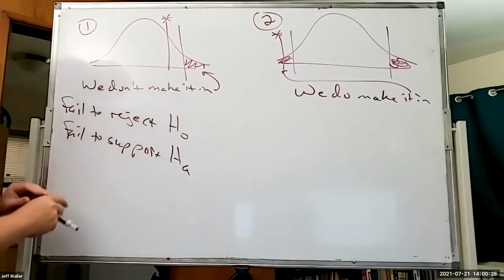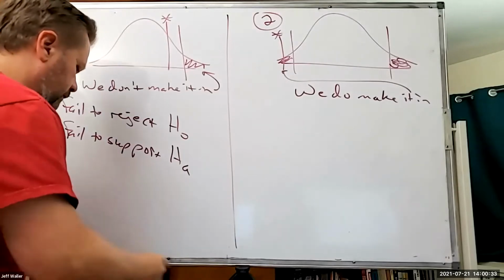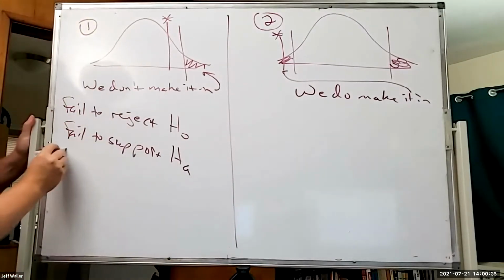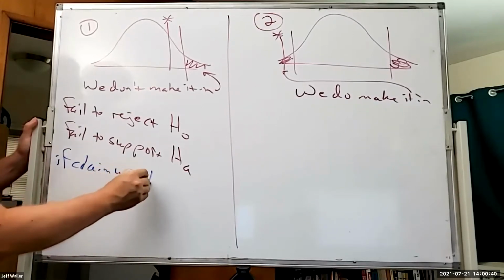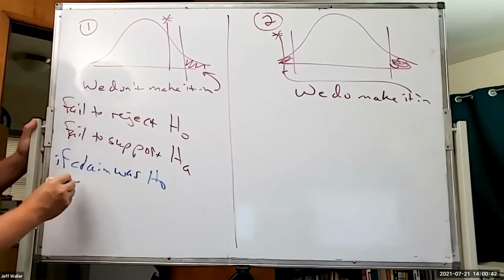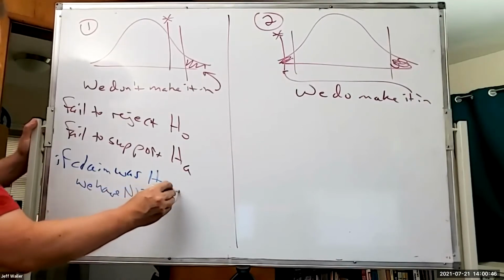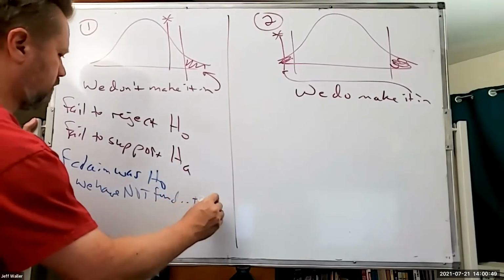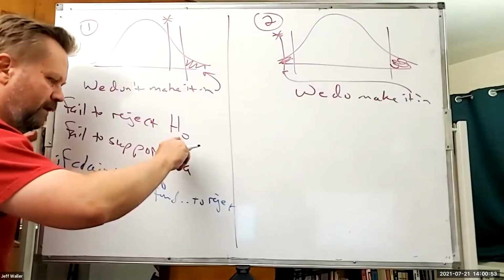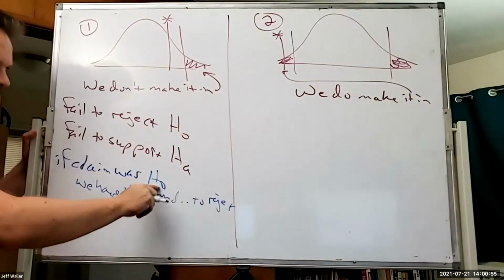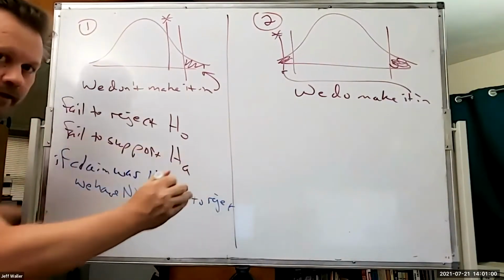If the claim was H0, then we would say we have not found sufficient evidence to reject, because that's the word that goes with H0. If the claim was H0, you use this language. That's why I was circling this and drawing a line through the other one.